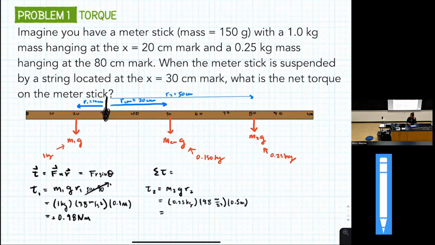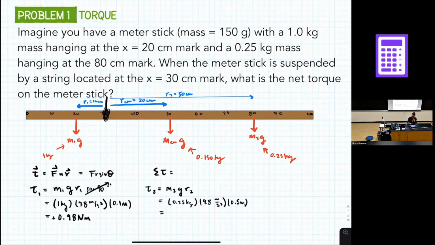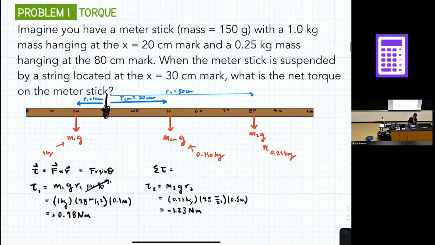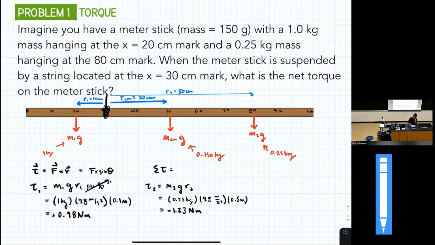That's going to give us 1.23 Newton meters. Is that positive or negative this time? It's negative.